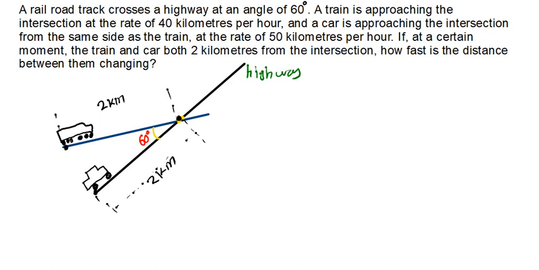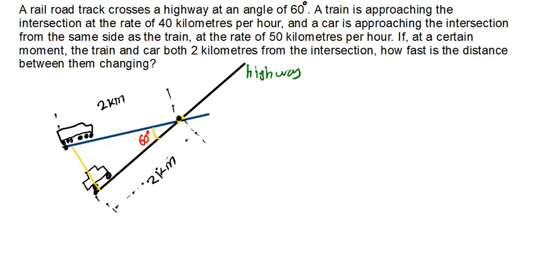So the question is, how fast is the distance between them changing? The distance between the train and the car that we're talking about is the distance at this point. You see that it's going to be changing bit by bit, getting smaller and smaller until you reach the intersection.